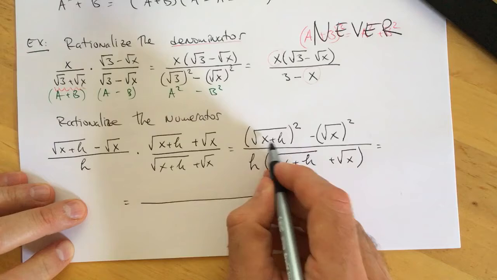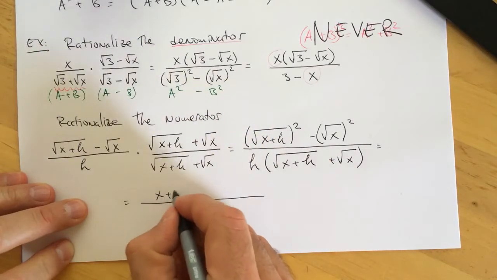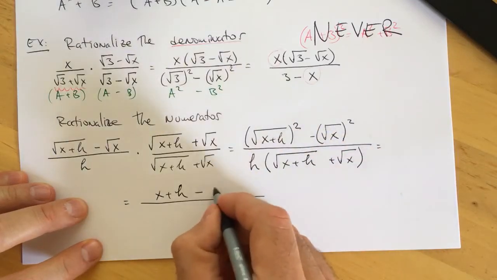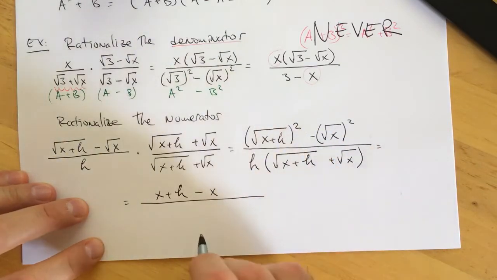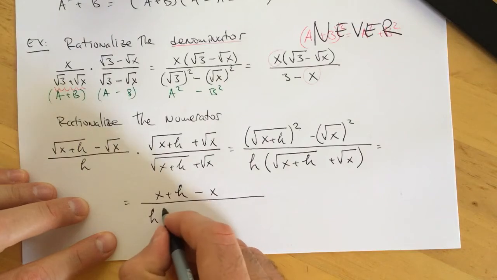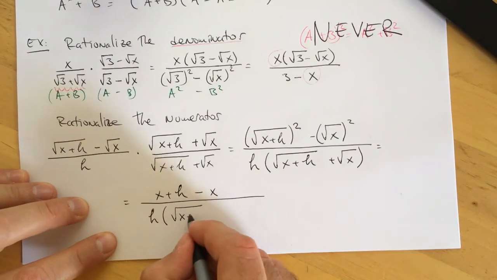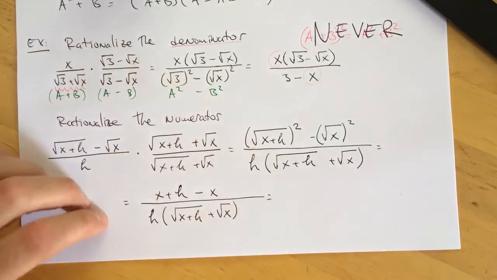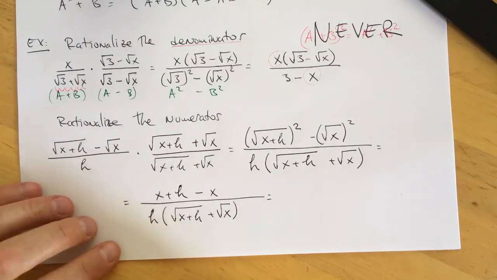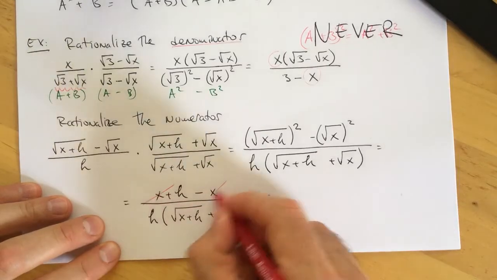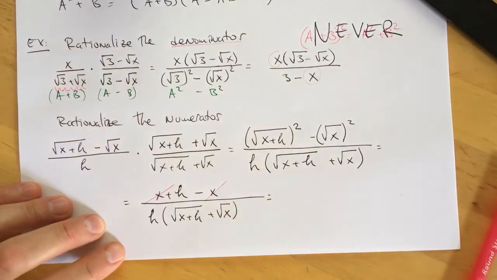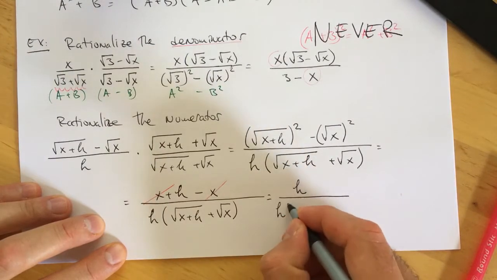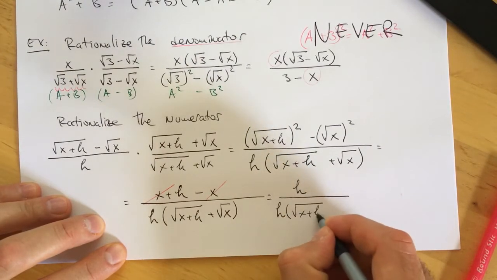Okay, so square root of x plus h squared is just x plus h, and here square root of x squared is just x, the sign stays here, divided by h times square root of x plus h plus square root of x. It's always helpful to simplify this expression. What can we simplify here? x minus x is 0, and we're left with h over h times square root of x plus h plus square root of x.